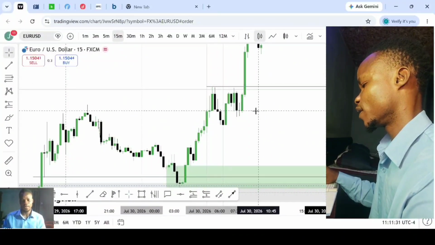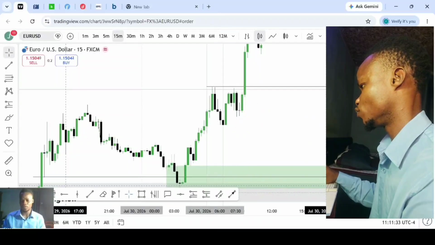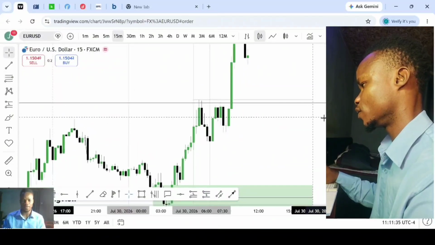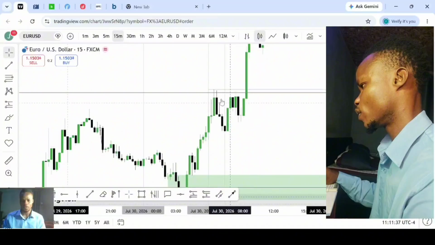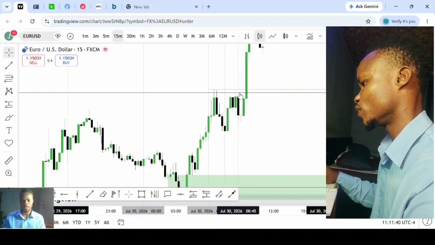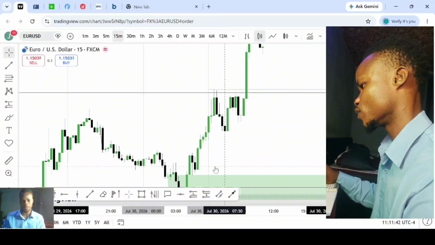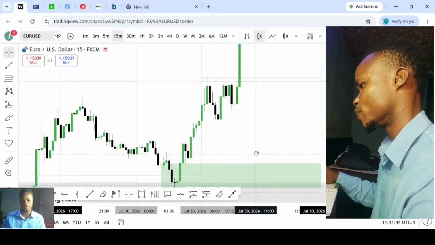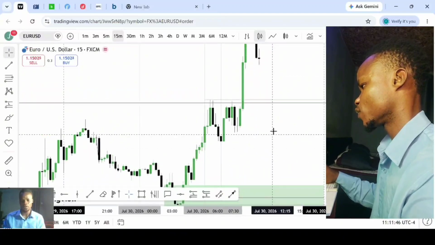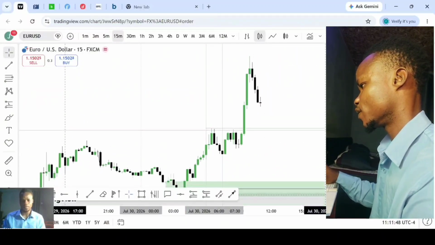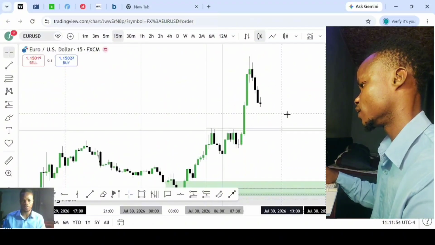When I came here to check during the New York session, I saw this movement and was still hoping that if price could still come to this place, I would still hold my buy. But unfortunately, price just broke out from this place. Then we had this huge movement to the upside.